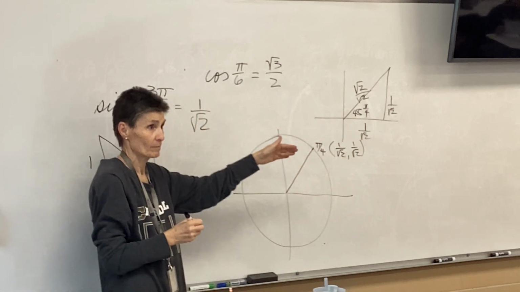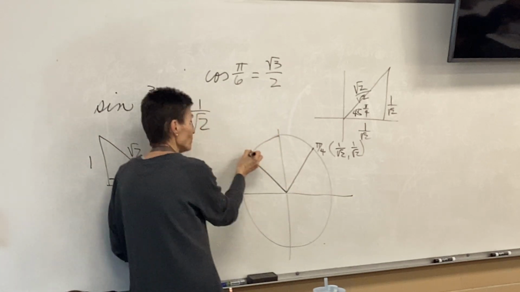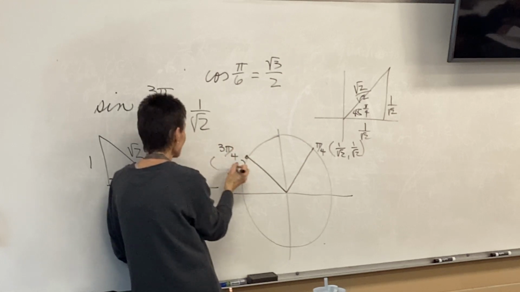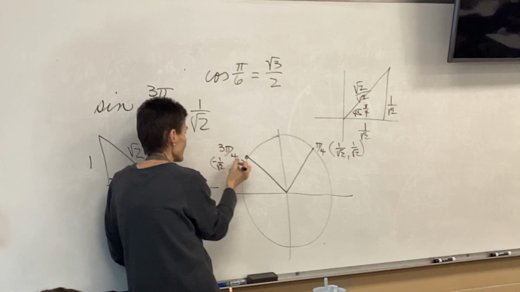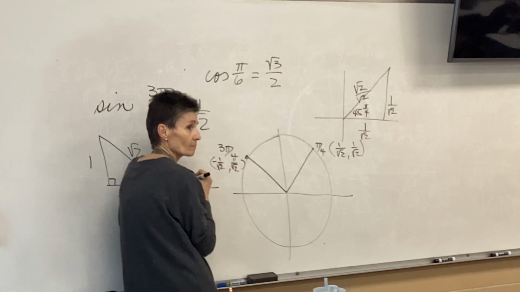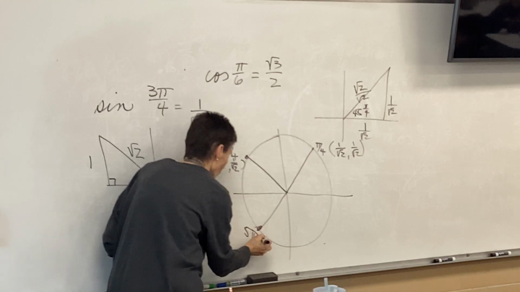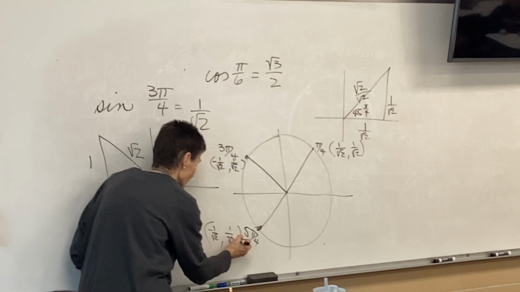Cosine and sine. Well, what happens when you move over here to 3 pi over 4? Isn't that point going to be exactly the same, except your x is negative? And then down here, at 5 pi over 4, it's going to be the same, except they're both negative?